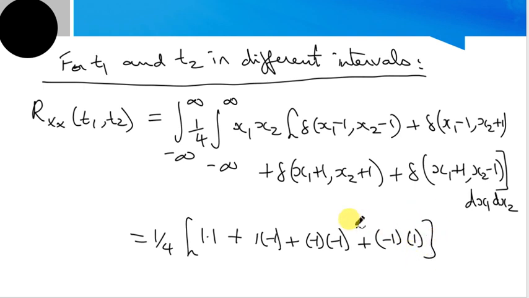Ultimately it is 1 plus minus 1 plus 1 plus minus 1, giving me the value to be 0. So we should be very careful when calculating our autocorrelation function to check whether t1 and t2 lie in the same time interval or in different time intervals.